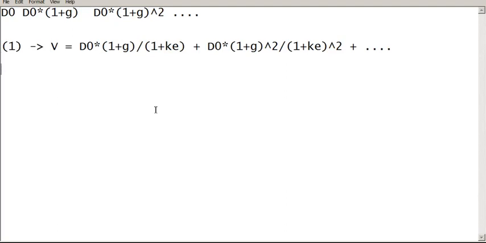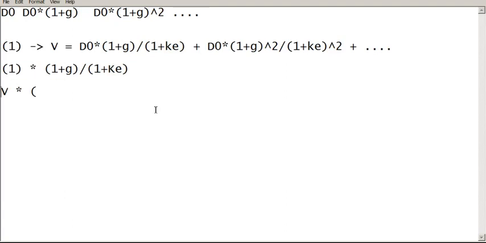What we can do is apply a basic concept: equation 1, I will multiply with (1 plus g) by (1 plus Ke). The moment we do that, the left hand side will become V into (1 plus g) by (1 plus Ke).